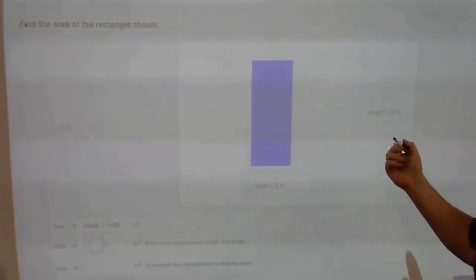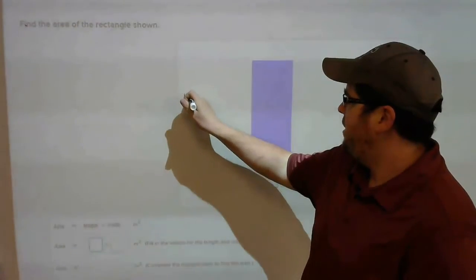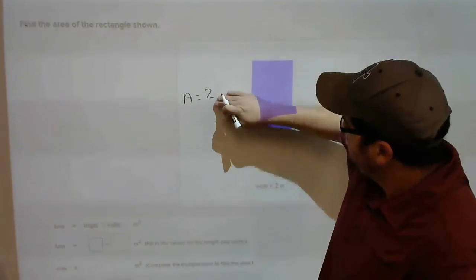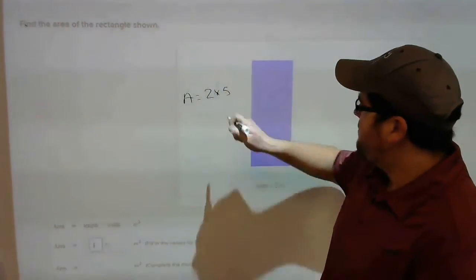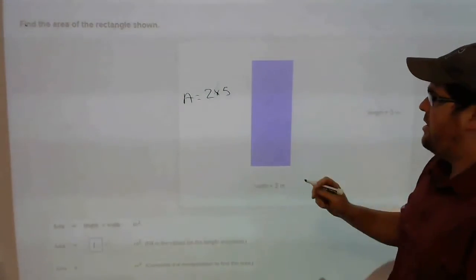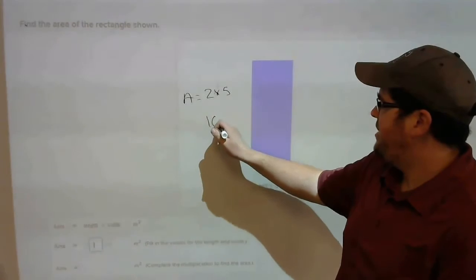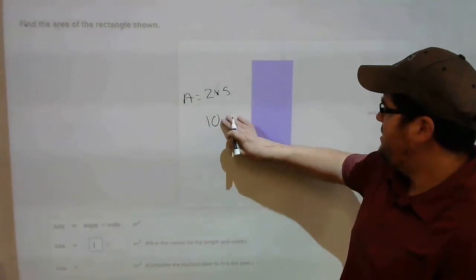Here's another one. With this one, I have a shape that is 2 across and 5 high. So my formula would be area equals 2 across and 5 high. So that would be 2 times 5, and that's going to have you fill that in down here. But 2 times 5 is 10, and then it's units squared.